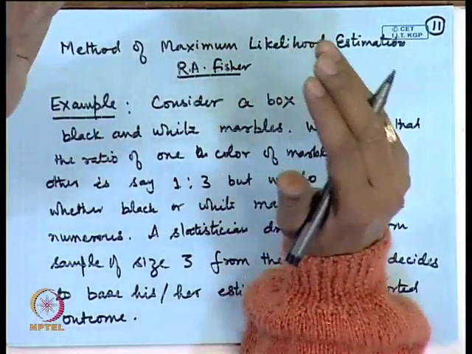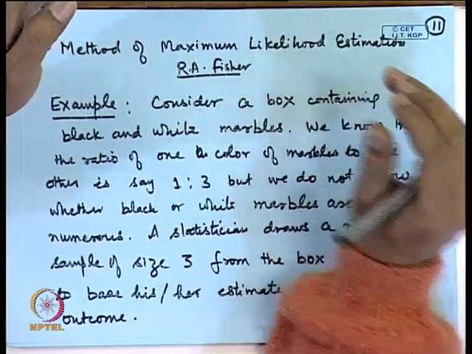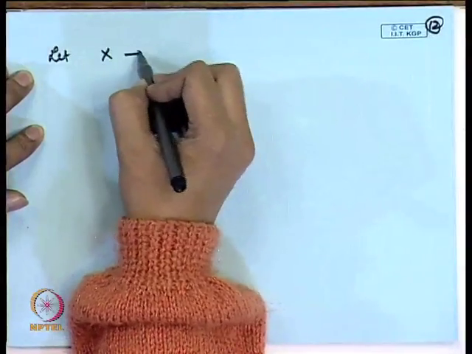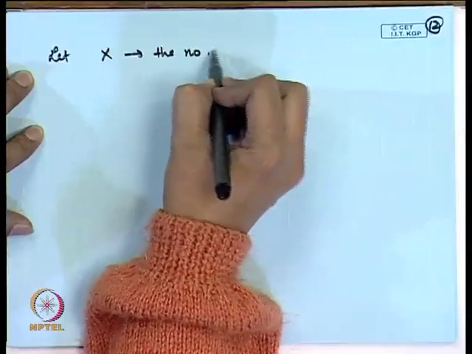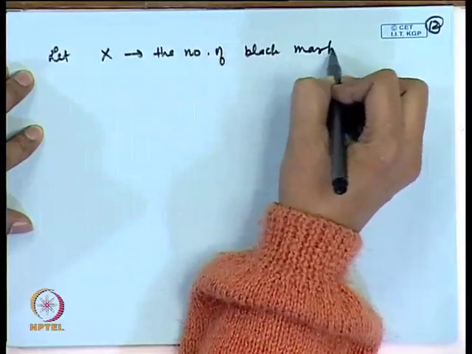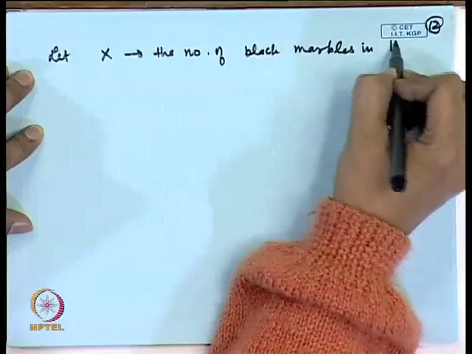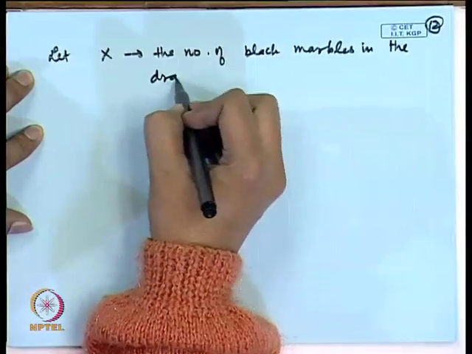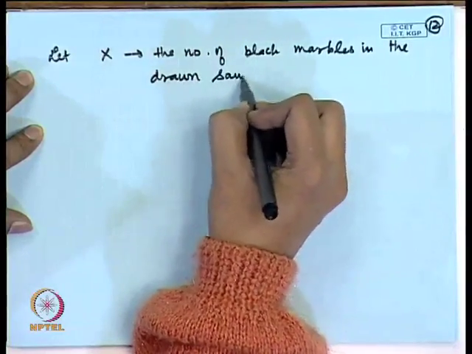So, if you are drawing 3 marbles, these 3 marbles may have some black or white marbles among themselves. So, let x denote the number of black marbles in the drawn sample.